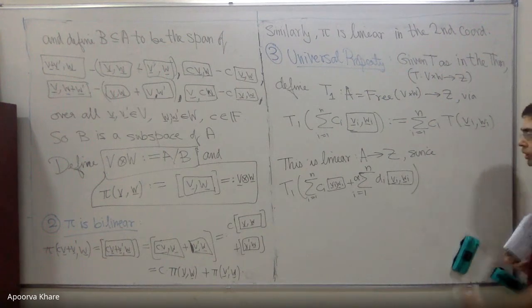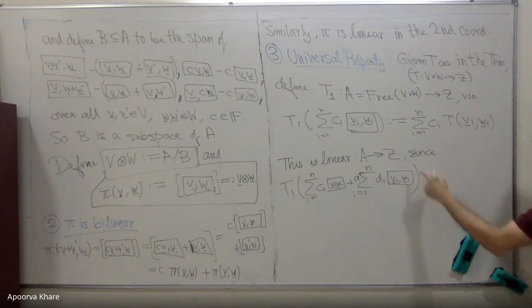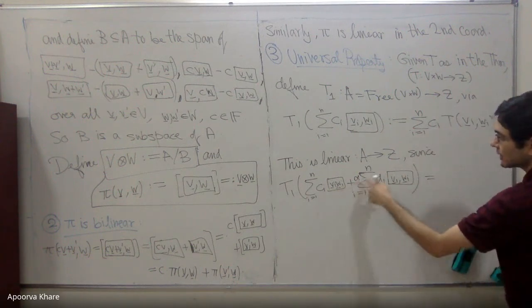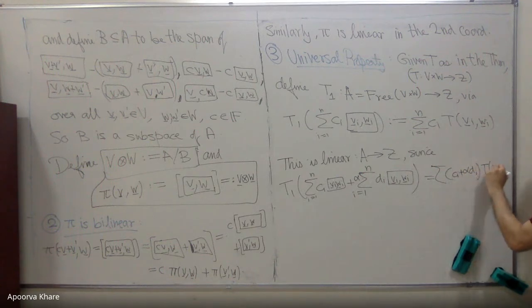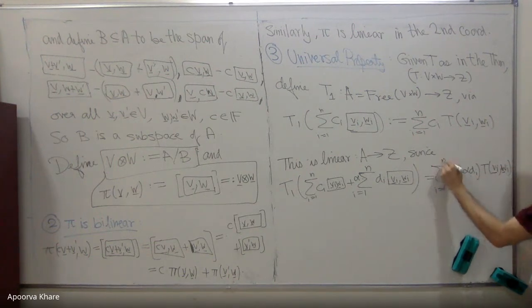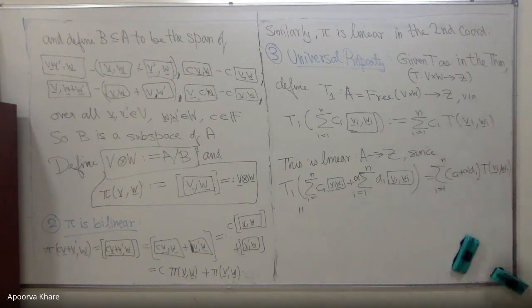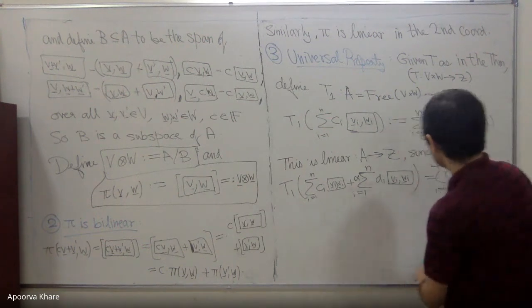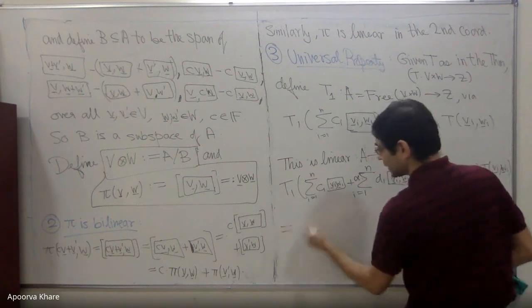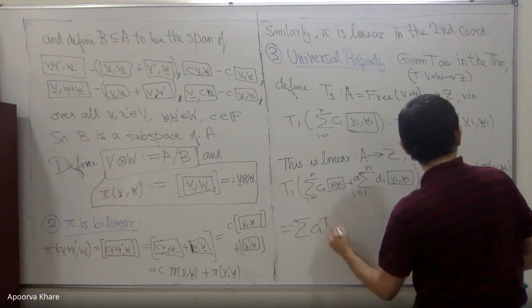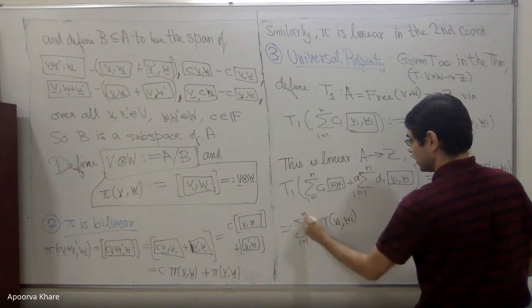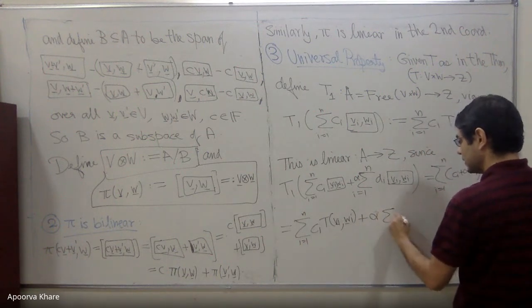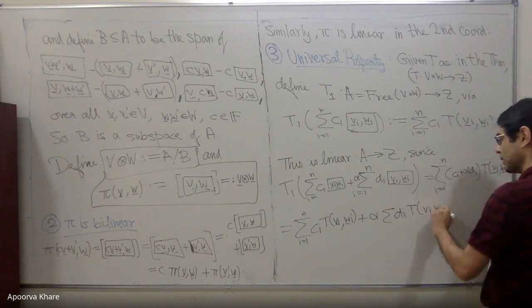Well, this is exactly equal. This is equal to what? On the one hand, first of all, this is equal to Ci plus alpha di, right? So it is summation Ci plus alpha di T of Vi Wi. So on the one hand, it is equal to this. On the other hand, I can break this up into 2 summations, right? So it is Ci T of Vi Wi plus alpha times summation di T of Vi comma Wi.